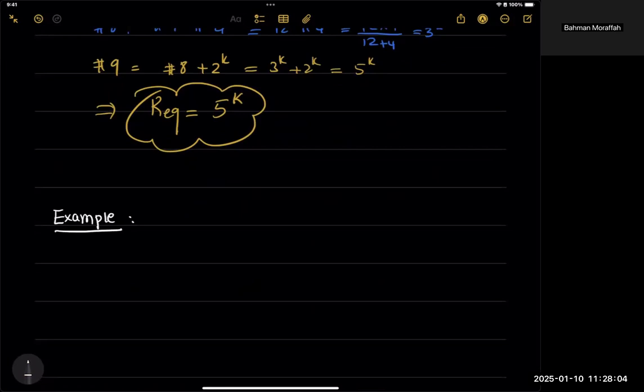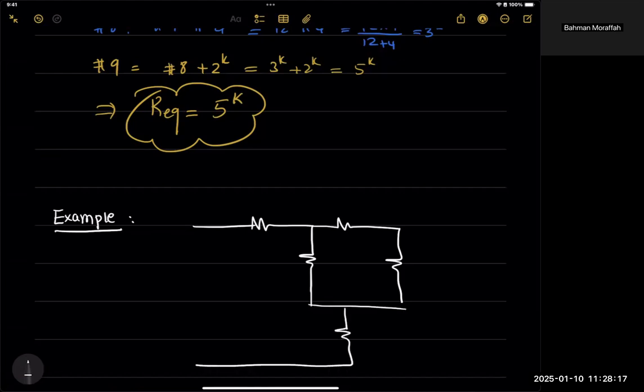Let's just say I have a circuit that looks like this. And the question is, what is the equivalent between A and B?